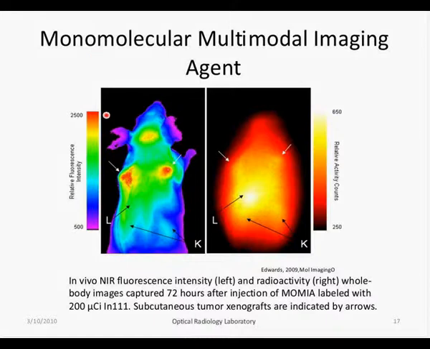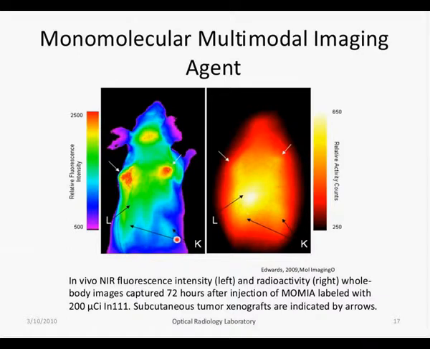So here's another example of using a mouse that has two subcutaneous tumors, and this single agent was labeled with indium-111 and injected via the tail vein again. You can see the fluorescence signal from this mouse, and then the radionuclear signal. Now, in this case, because the optical agent has a larger molecular weight and may not have had as good a sensitivity and specificity for this tumor, the scintigraphy image is not quite as good.